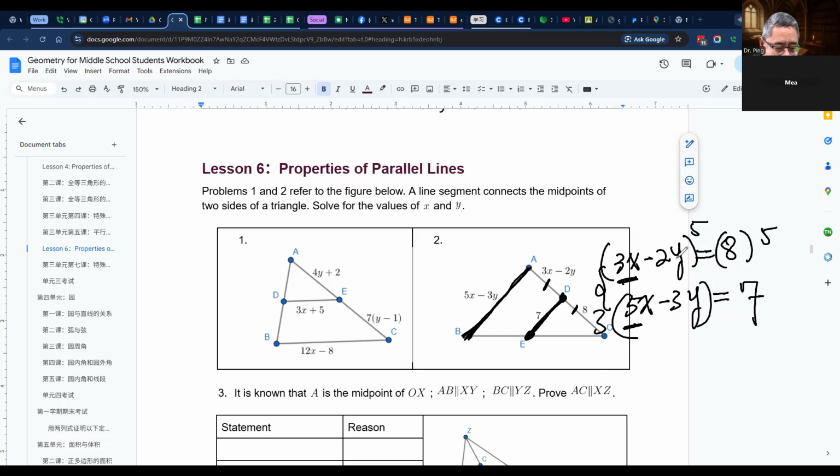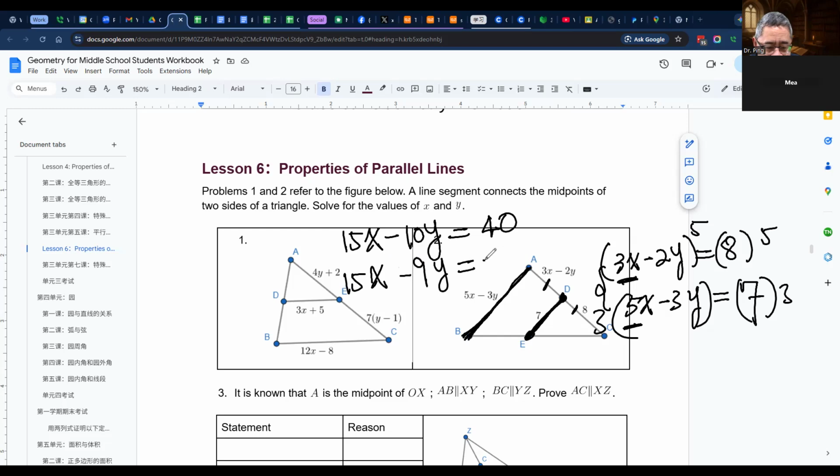That way we got 15x. So on top, we got 15x minus 10y equals 40. Then we got 15x minus 9y equal to 21. So I'm going to use the top minus bottom.